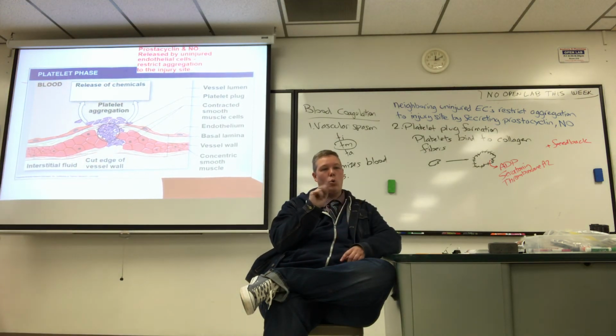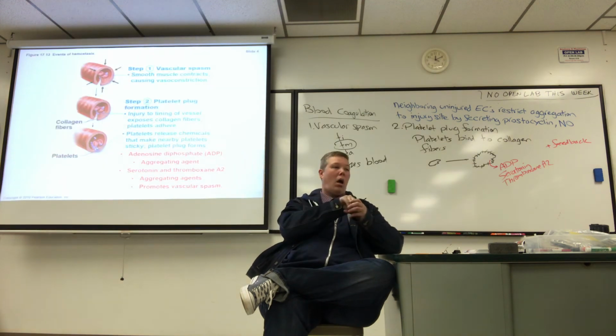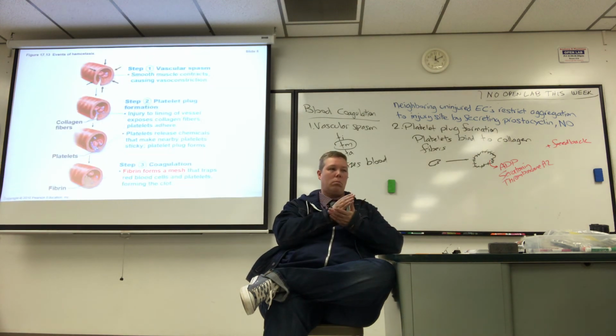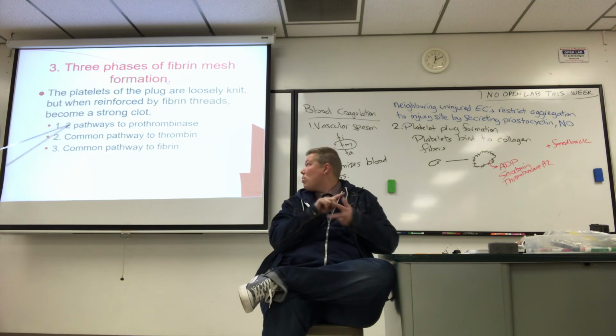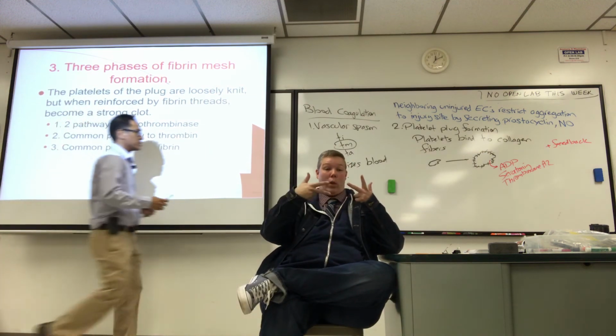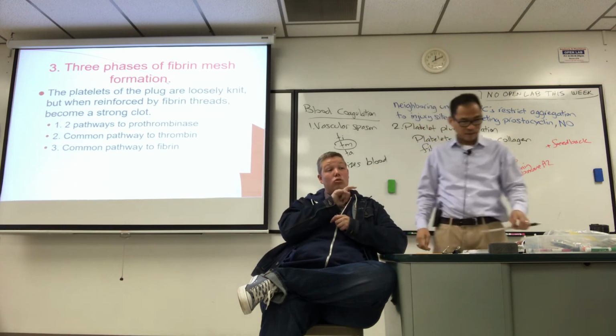So a platelet plug is a temporary stopgap. It does a good job plugging it. And what we got to get to is the true coagulation. Let's get to the fibrin mesh, step 3, true coagulation. This fibrin mesh forms, well, happens to be 3 steps. So step 3 is 3 steps right here: intrinsic and extrinsic pathways, and then a common pathway to fibrin.